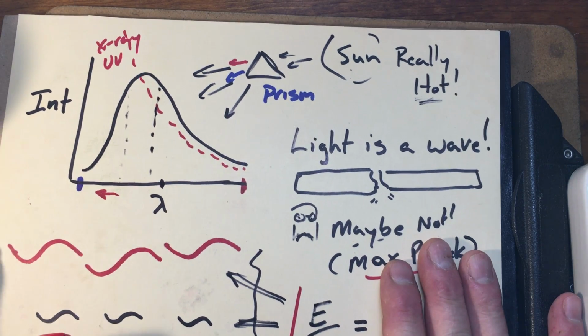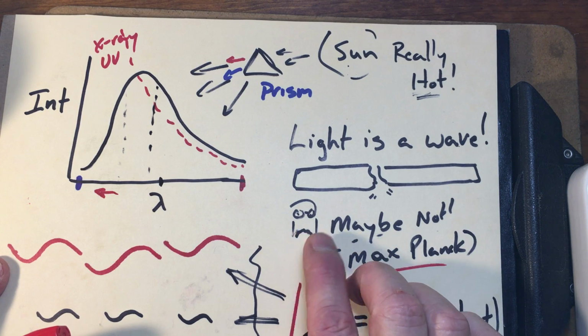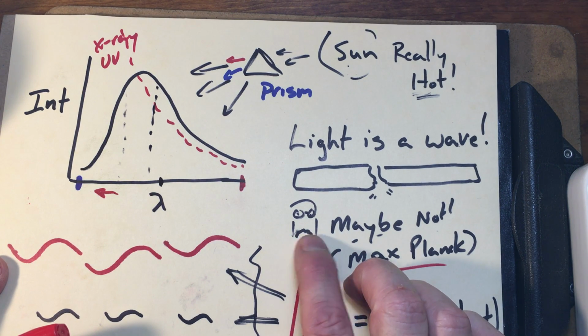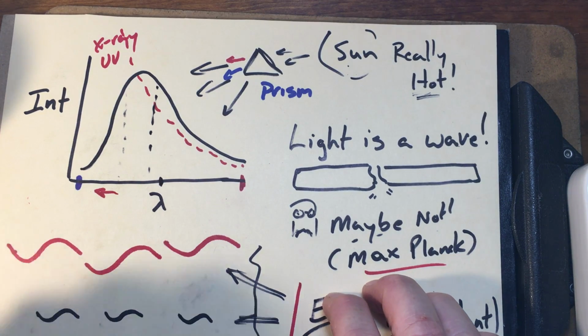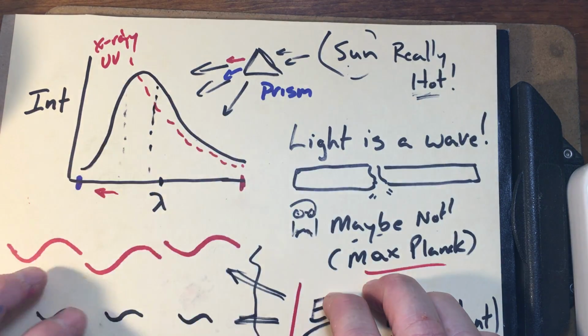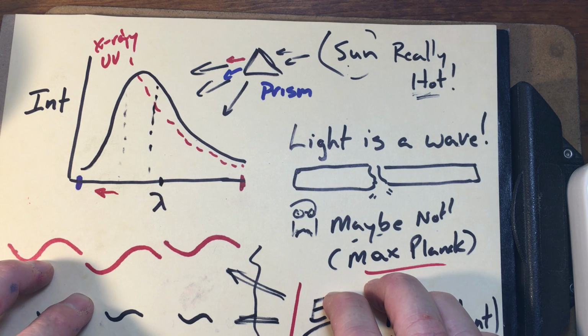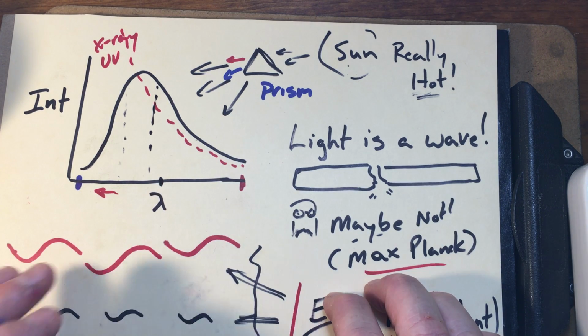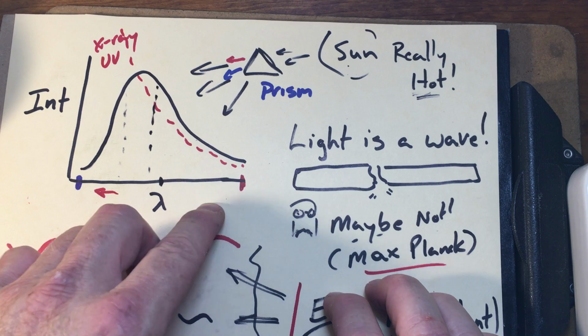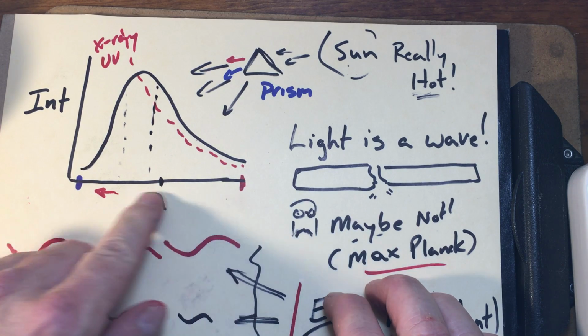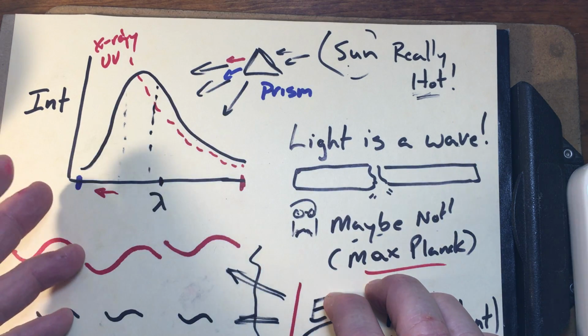That was a problem. In the 1900s, not a minion, but Maxwell, he had a mustache and some glasses, he came up with an approach where he actually just took the curve and fit a mathematical expression to it, and then tried to see how it might relate back to theory. Well, one of the key principles he took was this: with any wavelength of light, you can't just have any energy.